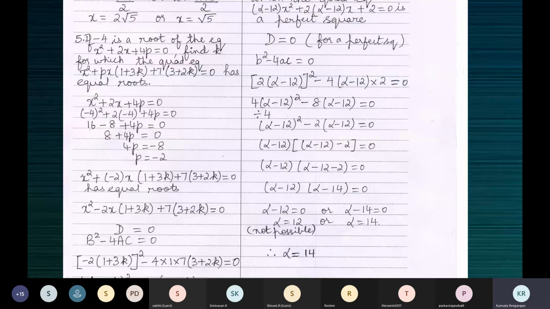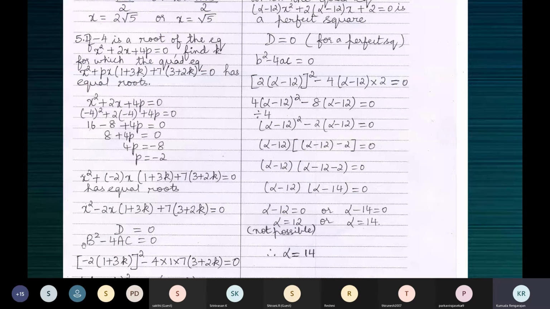That means the value of d is 0. If it has equal roots, that means the value of d is 0. So it's given that this quadratic equation has equal roots, where we have substituted minus 2, which means the value of d is 0.